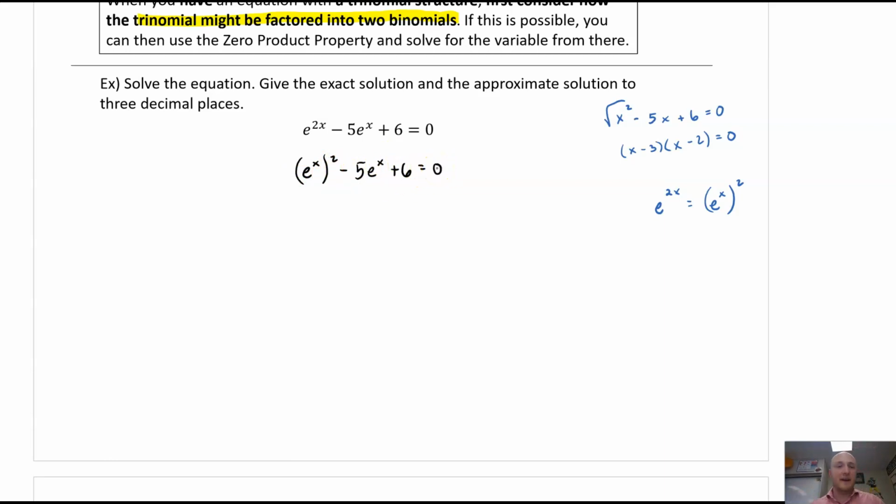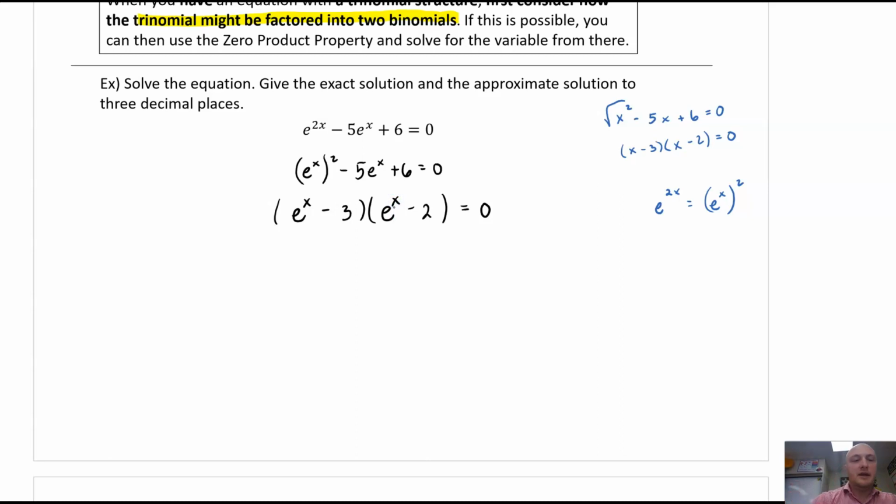Okay, so I'm going to go ahead and factor this trinomial like a regular binomial. I'll open up 2 parentheses, and I'm going to say, okay, what factors of positive 6 give me negative 5? That would be a negative 3 and a negative 2. And I'm going to take the square root of my first term, which is e to the x. So I factored it.